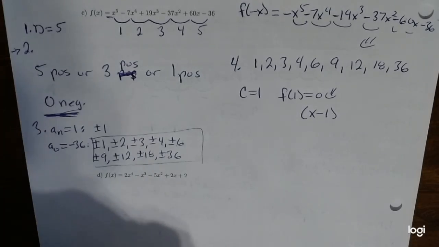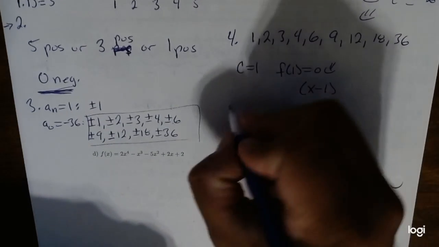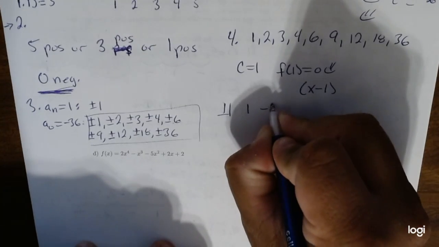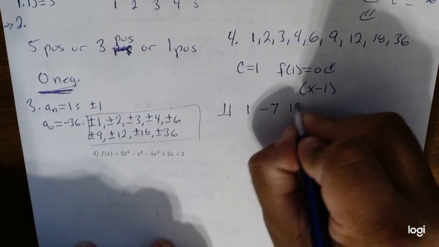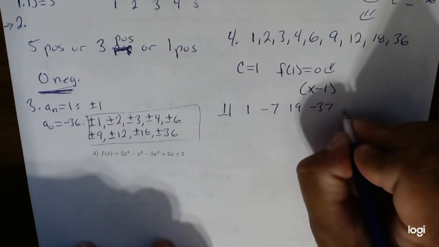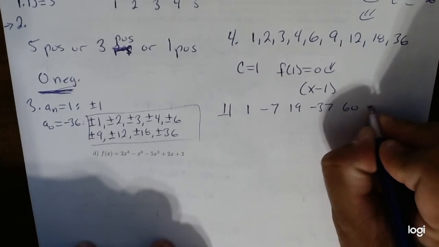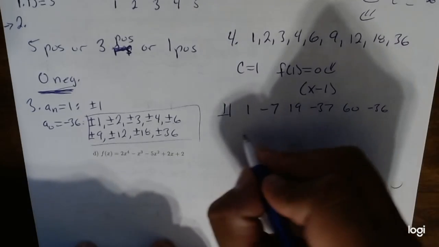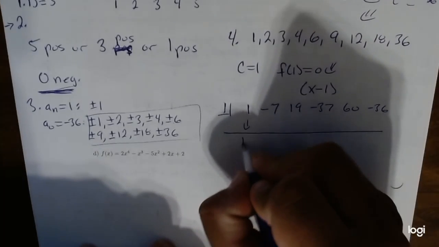All right, so doing synthetic division, breaking this down, we have 1, negative 7, 19, negative 37, 60, and negative 36. Bring down the first one.